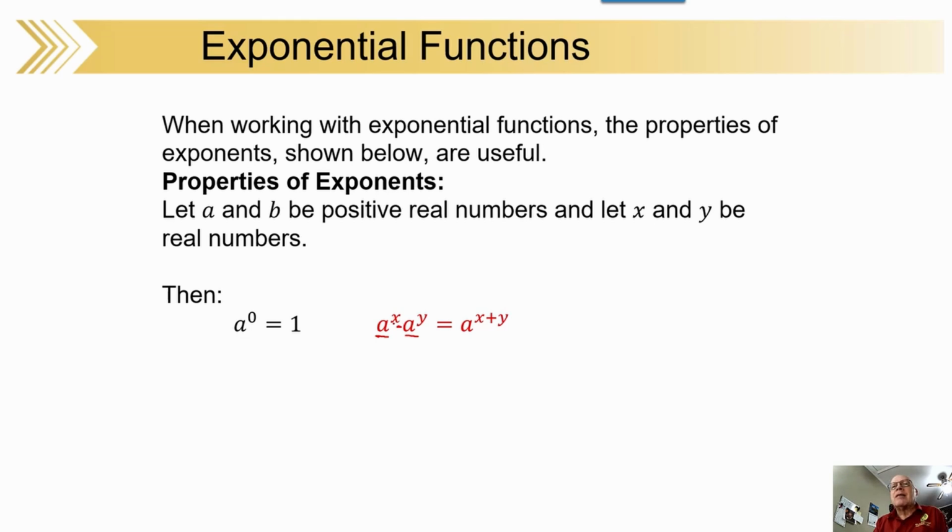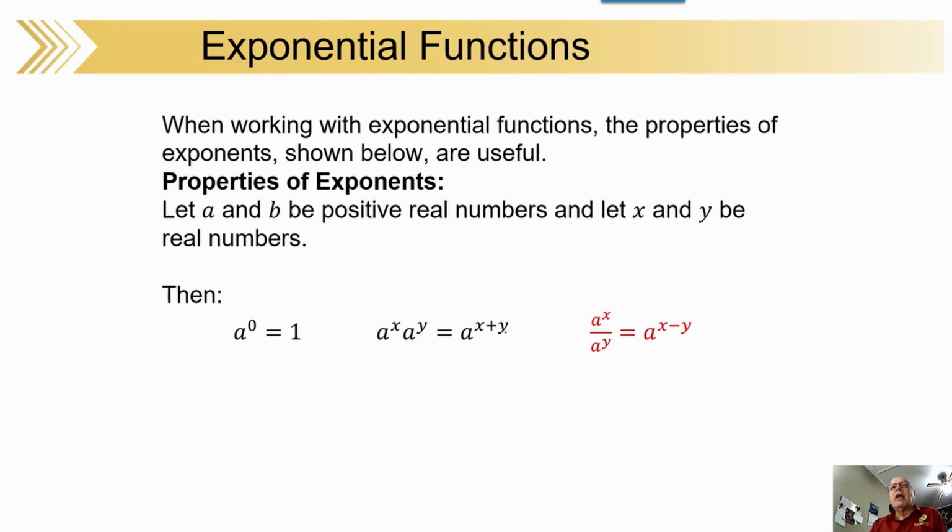The x a's here and the y a's here, for example. Let's suppose we've got 2 to the 7th times 2 to the 11th. Since this means there's 7 2's, this means there are 11 2's. All told, you've got 18 2's as factors.